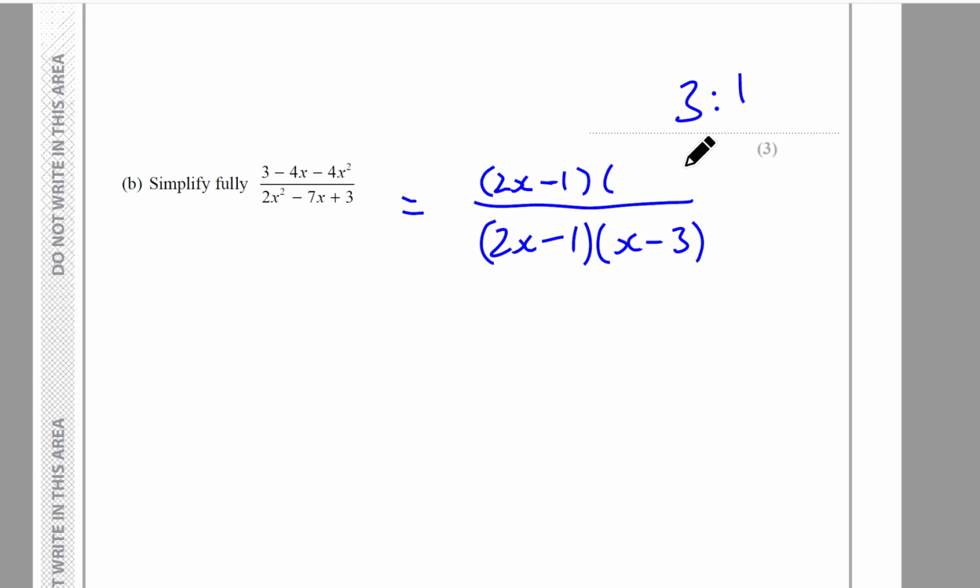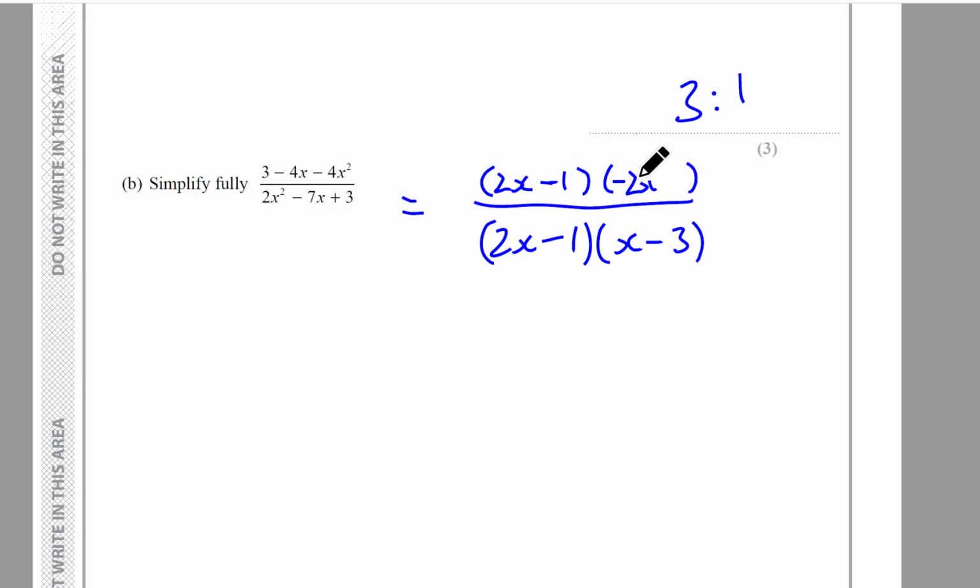Let's just try it like this. How are we going to get minus 4x squared? We can say that's minus 2x here. So 2x times minus 2x gives us minus 4x squared.